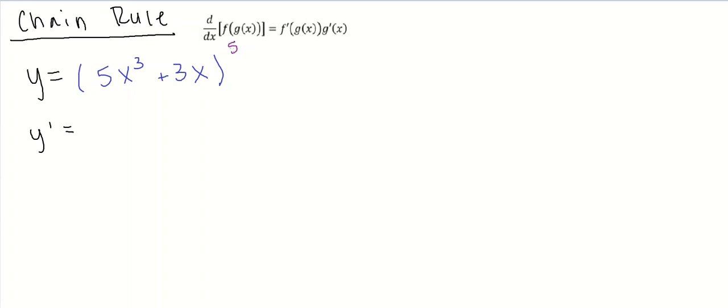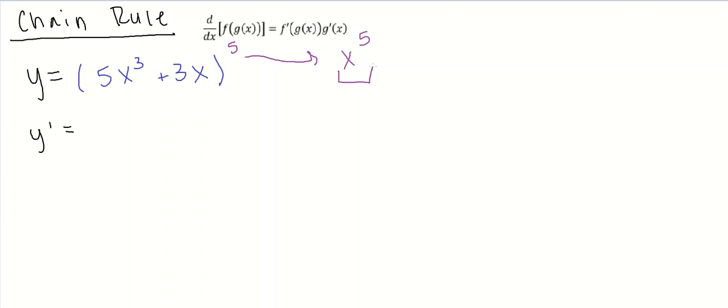So hopefully you can see that this purple right here is our outside function, and then everything in blue is our inside function. So what the chain rule says is that if we have this composite situation, we're going to start by taking the derivative of our outside function. Now remember, our outside function is just this 5th right here. So our outside function is essentially something to the 5th power. We're plugging in something in these parentheses here, and then we're raising it to the 5th power.